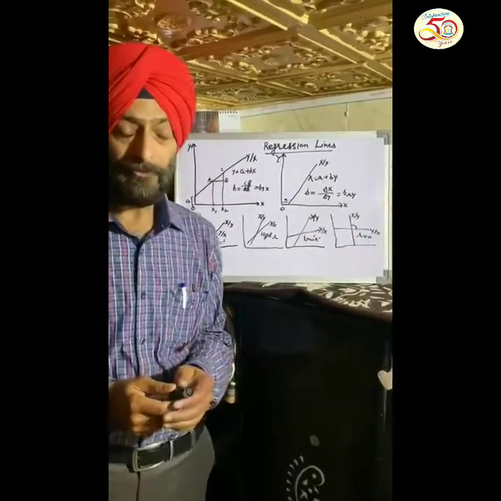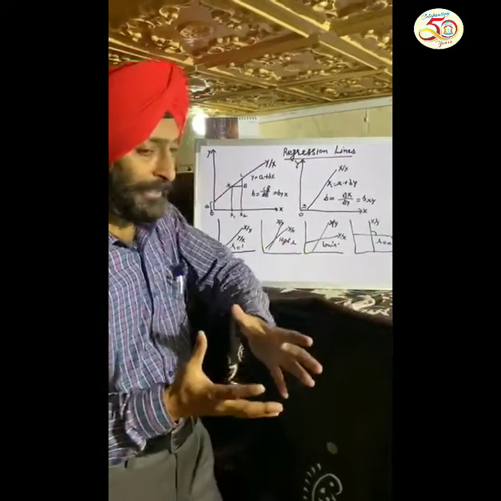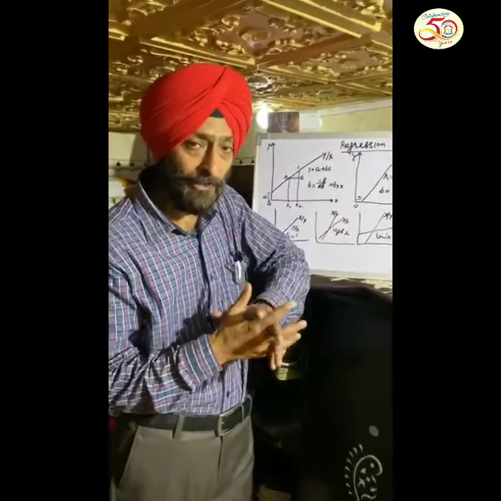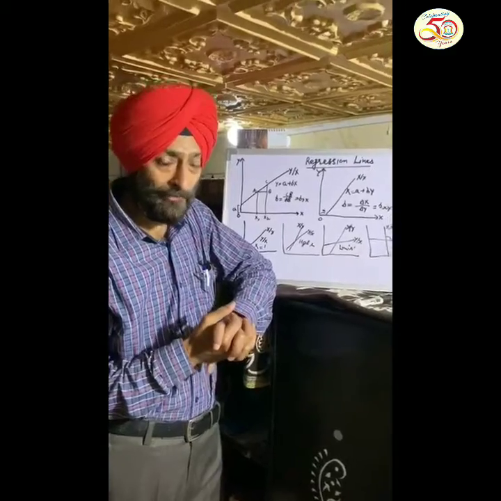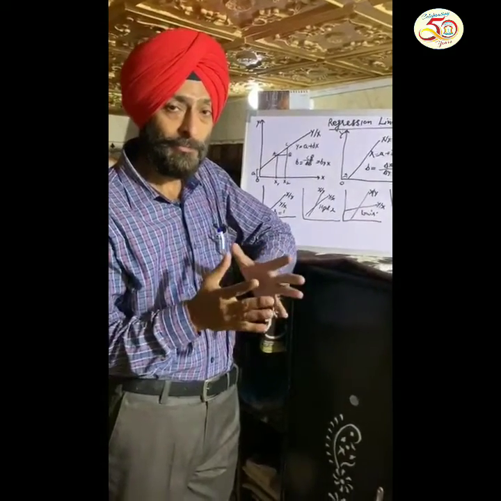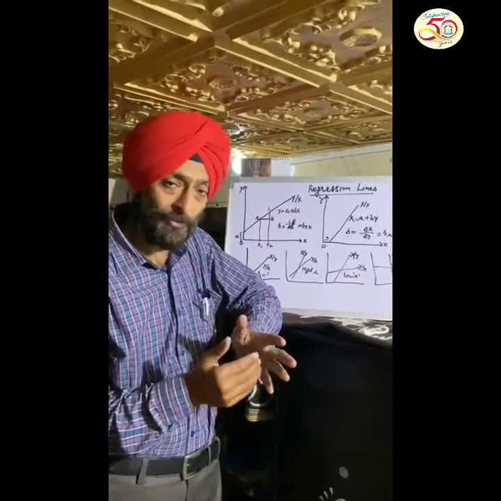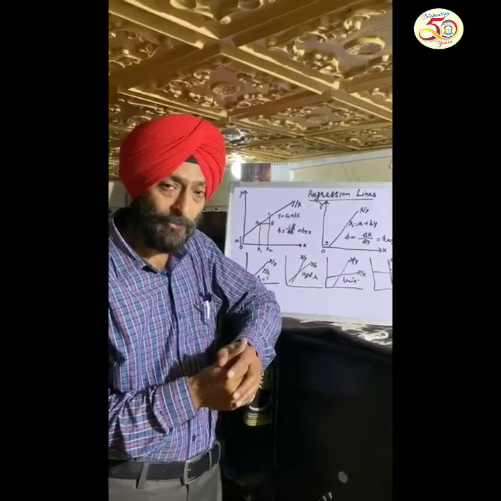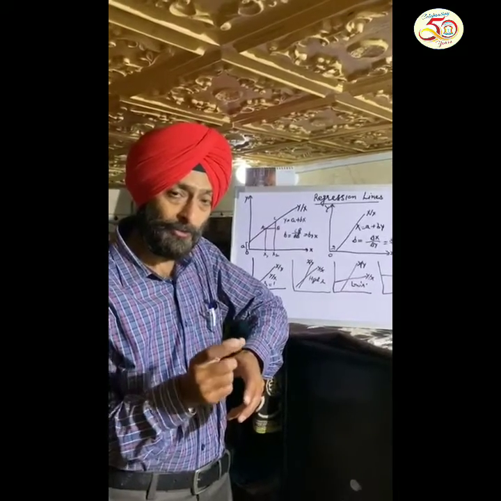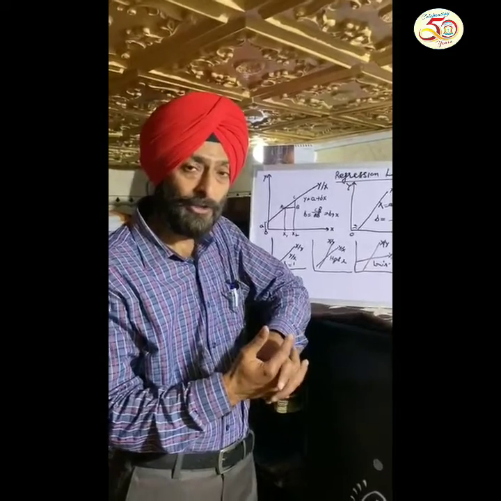The next point which we have to concentrate on is, if these two regression lines can give us the value of correlation, how do we derive it? We derive it basically with the help of the relationship of the two regression coefficients in terms of the correlation coefficient. We know that if we take the product of the two regression coefficients and take its root, we get the correlation coefficient.